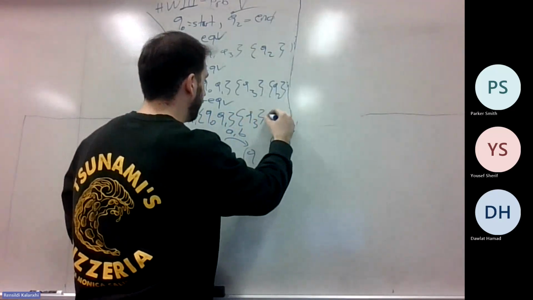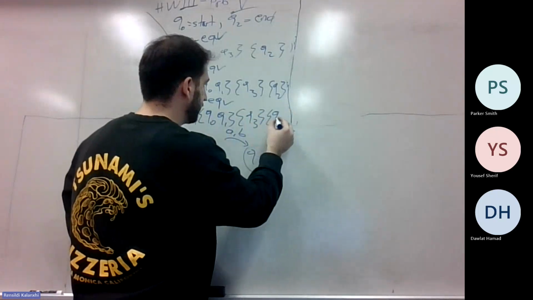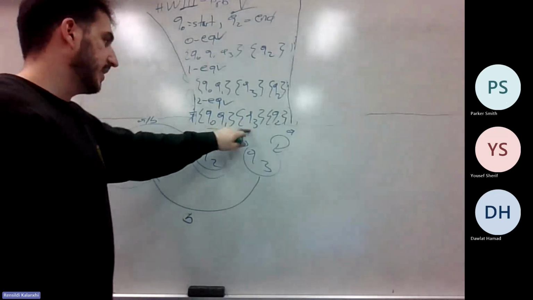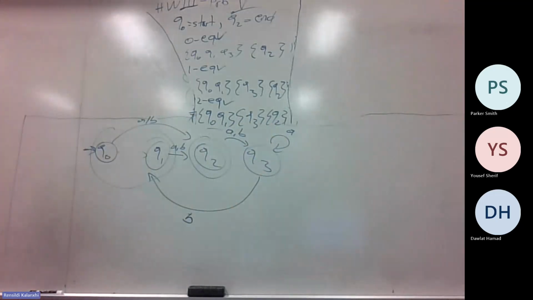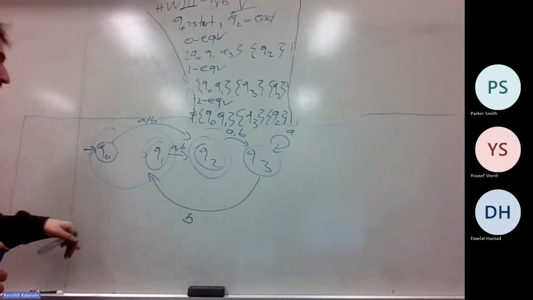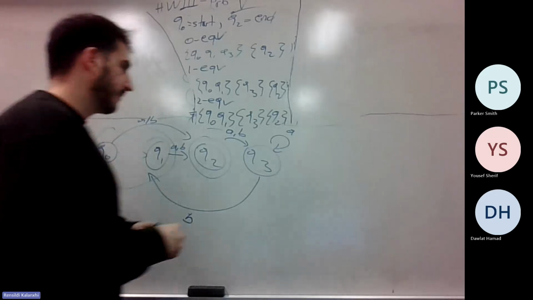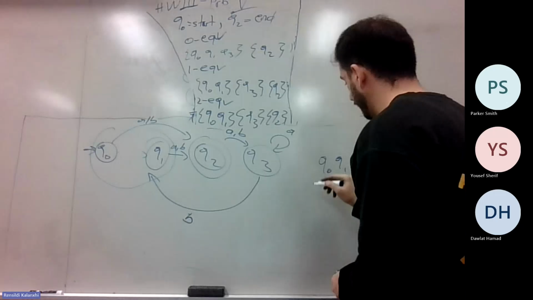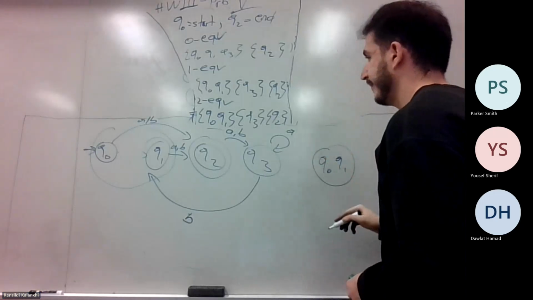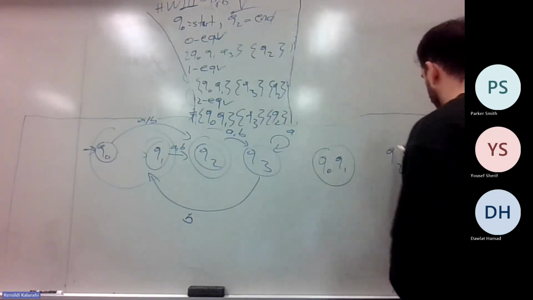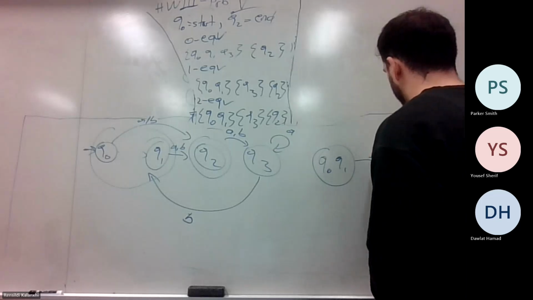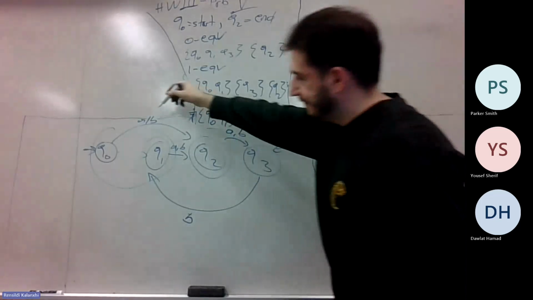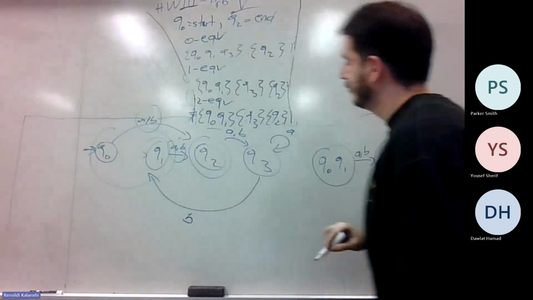So the final answer for the equivalences: state Q0, Q1 together, state Q3, and state Q2. All right, so how are we going to do that? Since they are together, we do Q0, Q1 pointing to Q2 with A, B. See, A and B pointing to Q2.